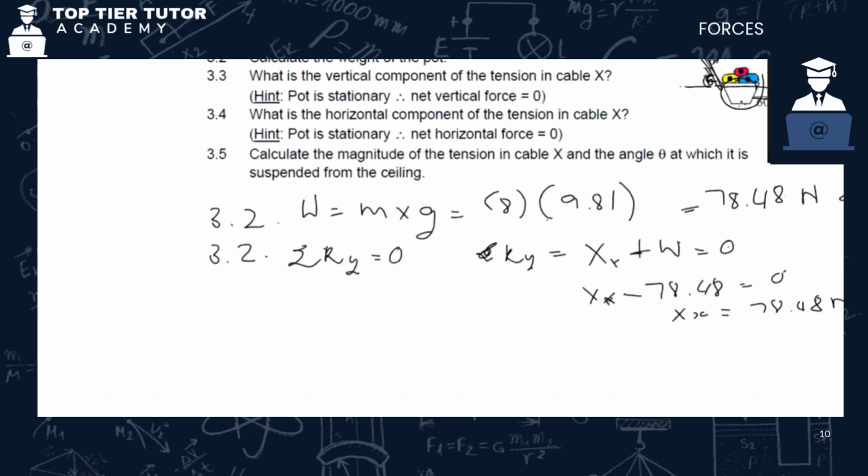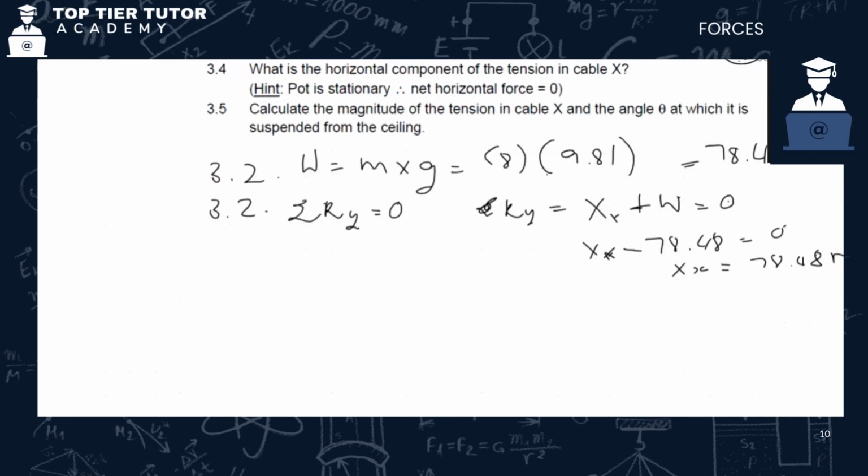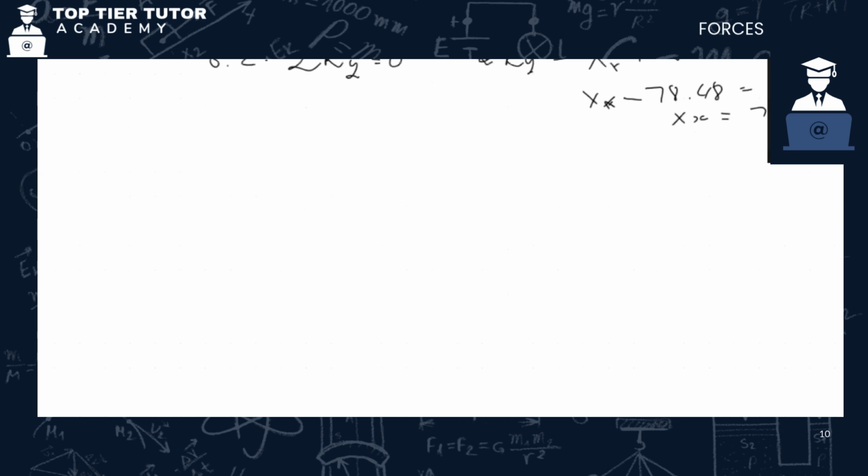The next one says 3.5, calculate the magnitude of the tension in cable X and the angle at which it is suspended from the ceiling. Okay, so let's draw another free body diagram to work with here. We have our y component and our x component, and we understand that we have an x cable that goes in that direction.